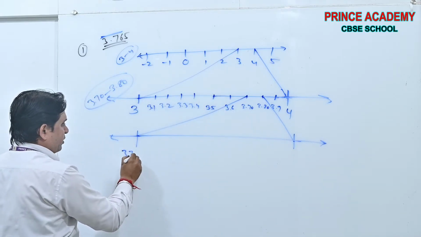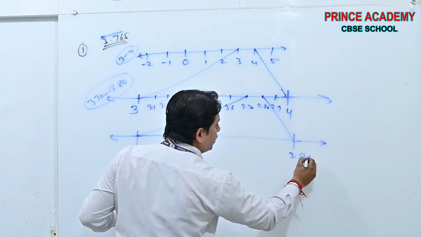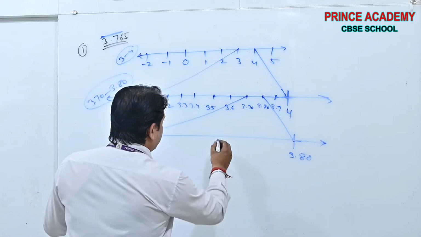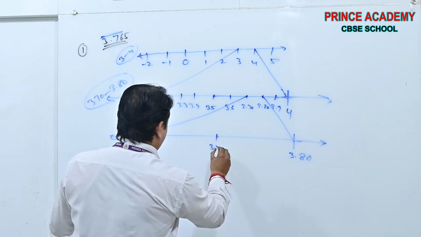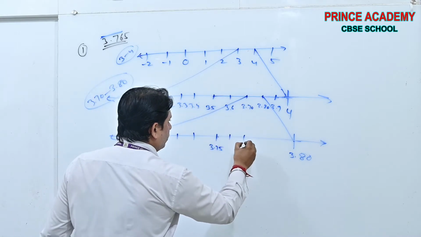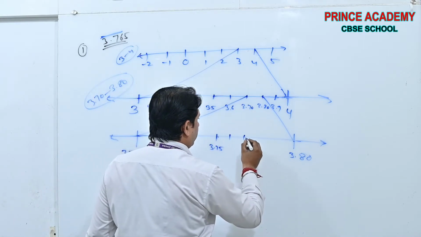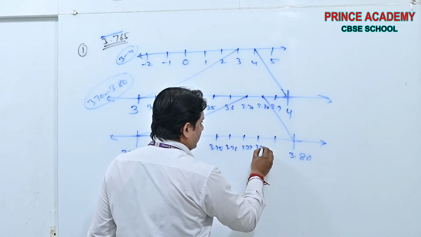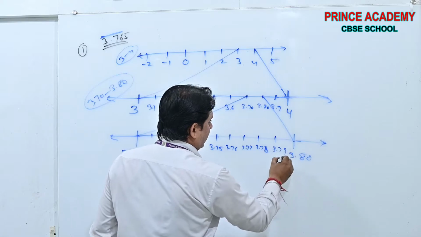This is 3.70. This is 3.80. Now again divide this into 10 parts. 3.75. 1, 2, 3, 4, 5. Okay. 3.76, 3.77, 3.78, 3.79.